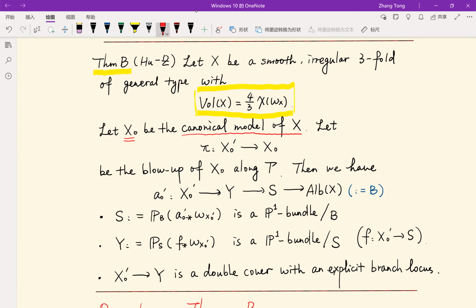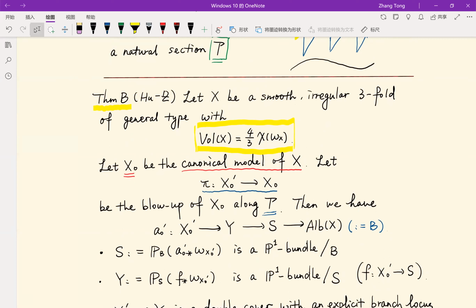Now I want to make a birational modification of this X naught. I take a resolution or blow up, so X naught prime will be a blow up of X naught, and the center of the blow up is the section I introduced here.